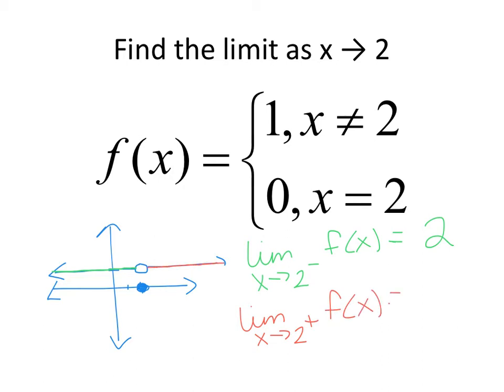It's getting really, really close. It's approaching 1. So this tells me that since from the left and from the right are equal, my limit here is actually equal to 1. So the limit as x approaches 2 of f of x equals 1. But now notice that's not what's happening on the graph. When x is 2 on the graph, the function is equal to 0.